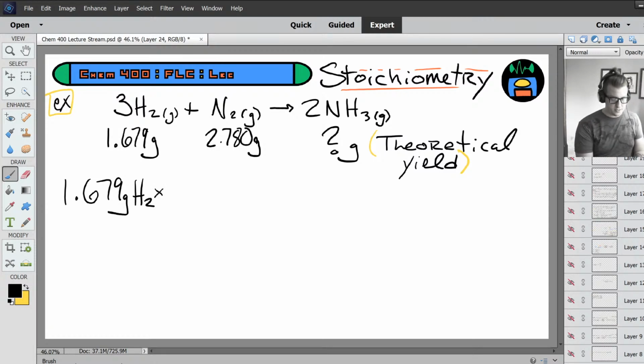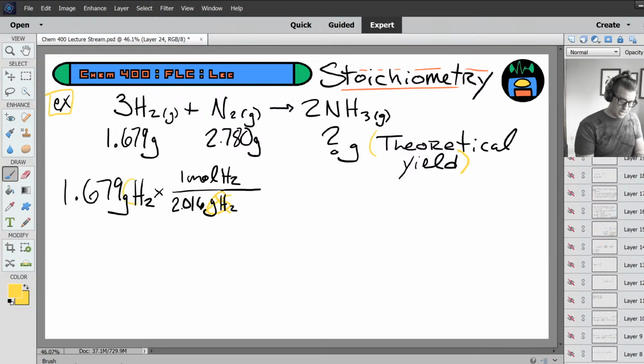So first, we need to convert grams of H2 to moles. All right, grams of H2 to moles of H2. We use the molecular mass of hydrogen, which is 2.016 grams of hydrogen per mole. Grams cancel grams. We're left with moles, which is good.